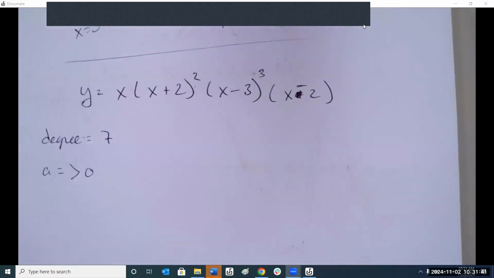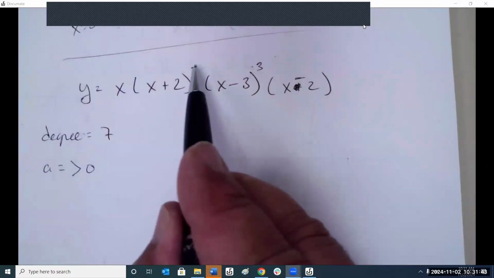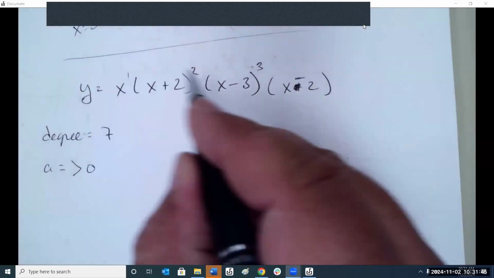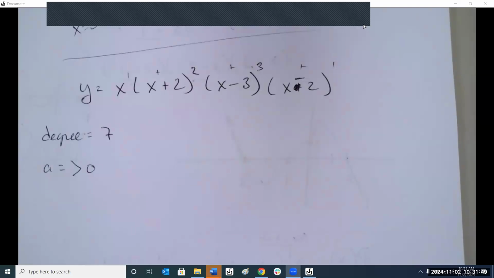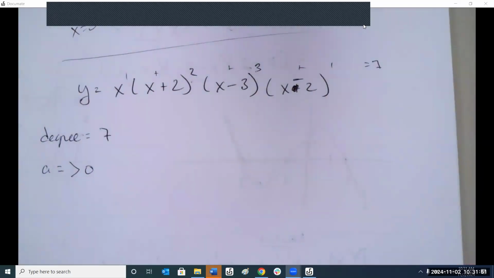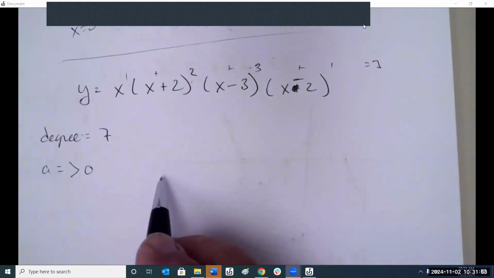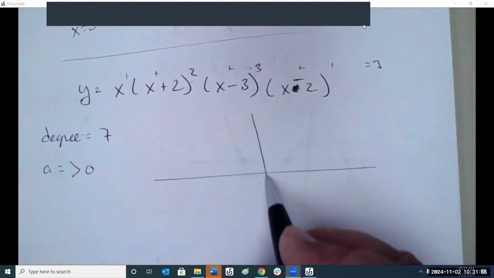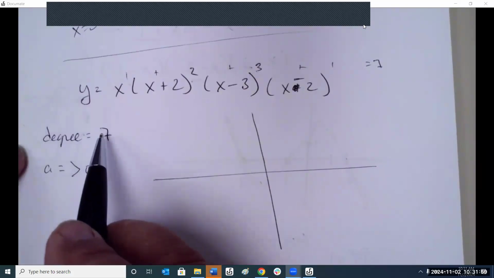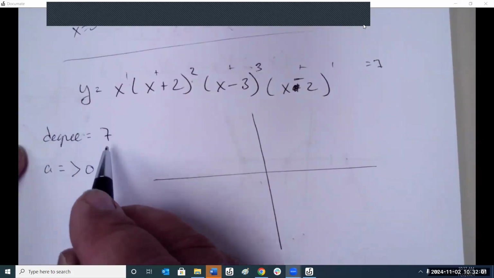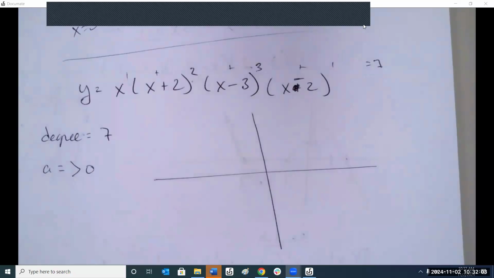The multiplicity is simply another way of saying exponent. 1 plus 2 plus 3 plus 1 equals 7. So we know the degree is 7. It's odd, and A is positive. What do we know about the end behavior there?